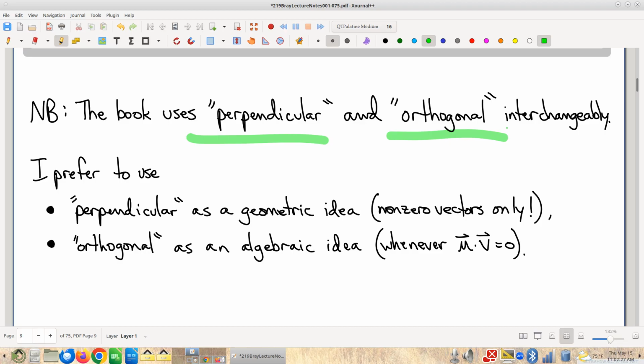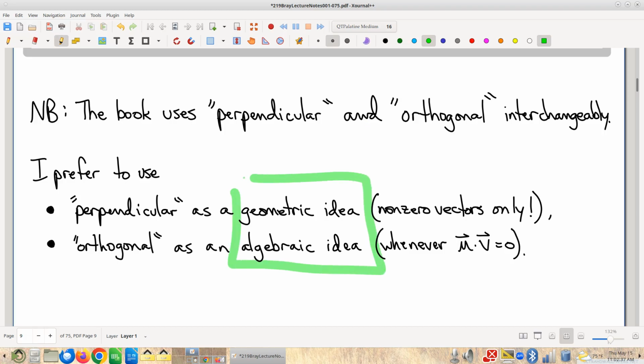I have actually some pretty strong feelings about this, and it stems from the fact that there are two distinct ideas that we need to describe in relation to the general concept that these words refer to. One of them is geometric, one of them is algebraic, and they're not the same.